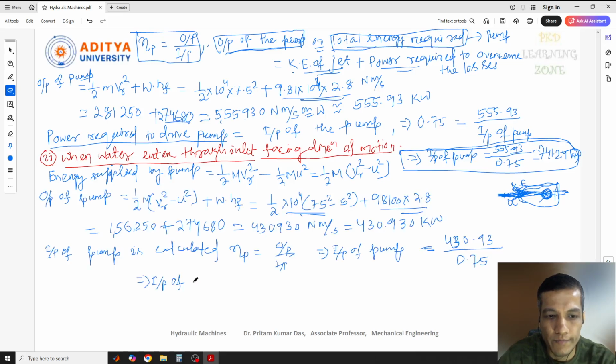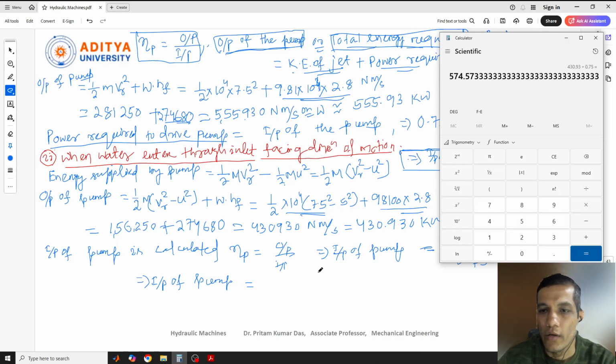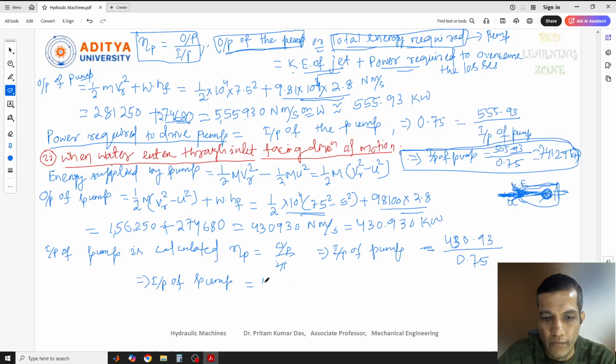So if you solve it, we get input of pump equal to how much? Let's solve this. Divided by 1000, again divided by 0.75, we got 574.57, something like that, this much in kilowatt.